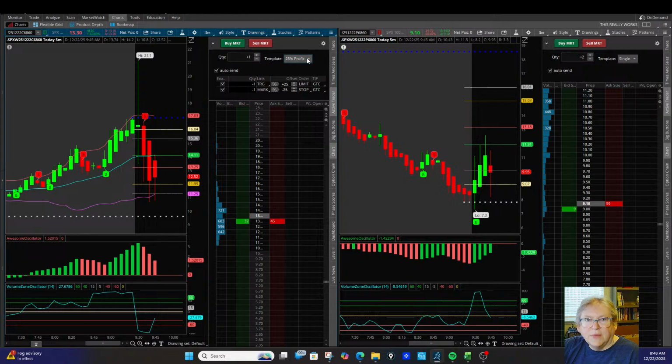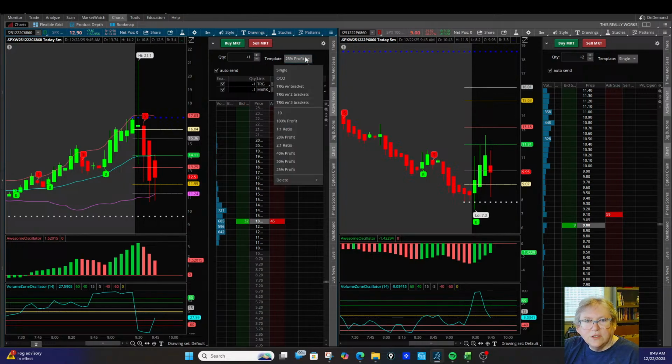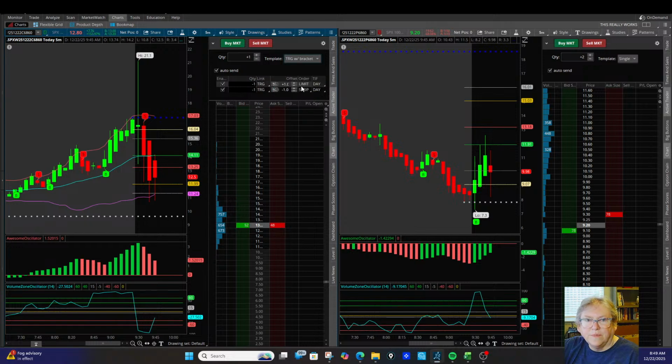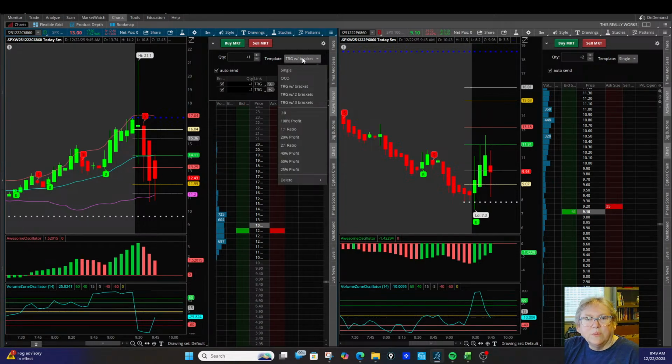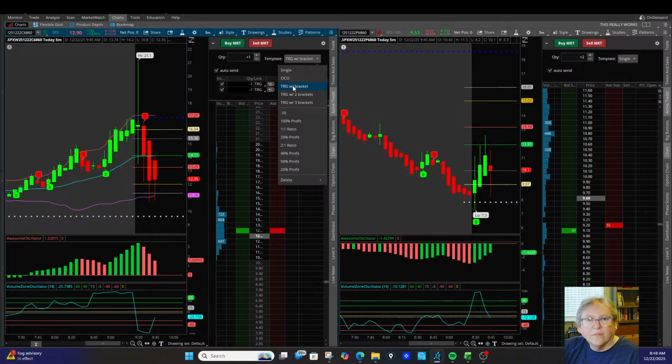To make this template, I just went up to TRG with bracket, and then you can change it how you want. This one has plus minus, so you can just go in and change it to percent if you want. That's how I got to that, TRG with bracket, which is up here when you do the drop down.